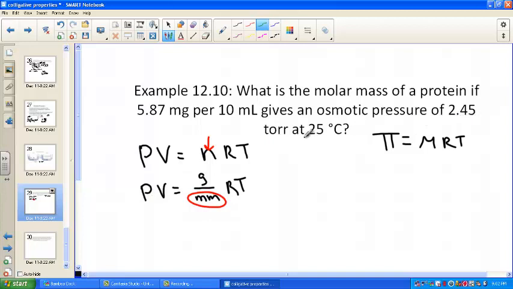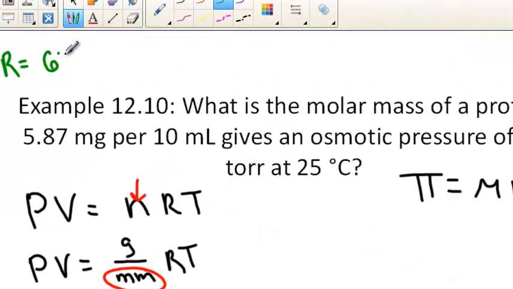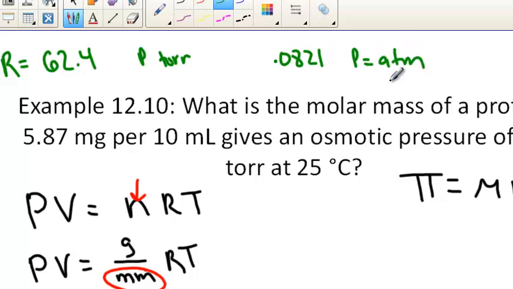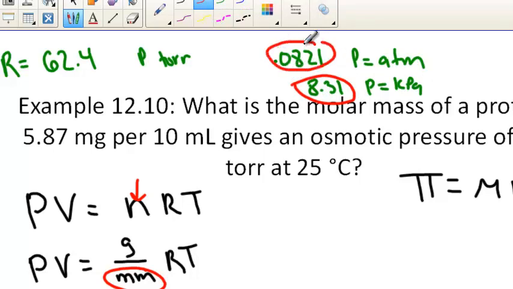In a PV equals nRT problem, P is pressure. Here it's given as 2.45 torr. Now, this might be a good margin note: our constants have to match the pressure unit. 62.4 if pressure is in torr, 0.0821 if pressure is in atmospheres, and 8.31 if pressure is in kilopascals. I grew up memorizing the three different R constants and just made sure I matched the pressure unit.